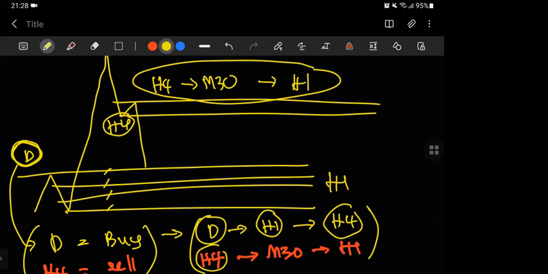The market is just gonna repeat the same thing. So we have to look for the H1 because if the H4 is the direction, the M30 will be the setup and the H1 will be the buyers. So we're gonna look at the H1, doesn't matter, maybe over here, here.